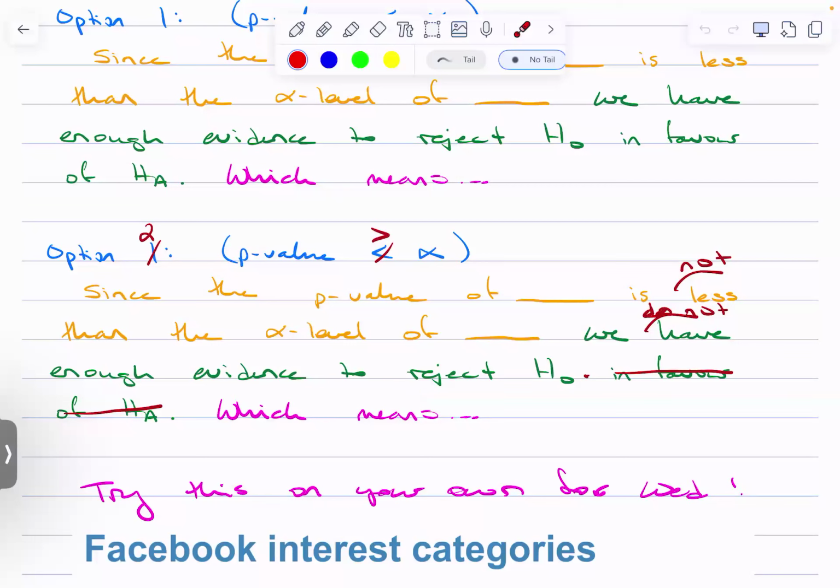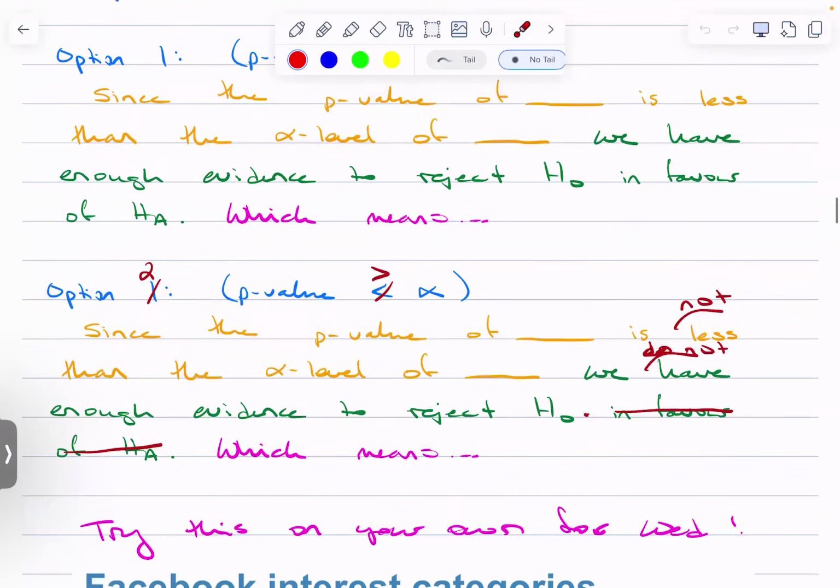I'll make a big deal about this later, but we never accept a hypothesis, because there's always some probability of being wrong. And so that's why these are your only two wordings that you're allowed to use. And we'll take marks off if you do anything else.